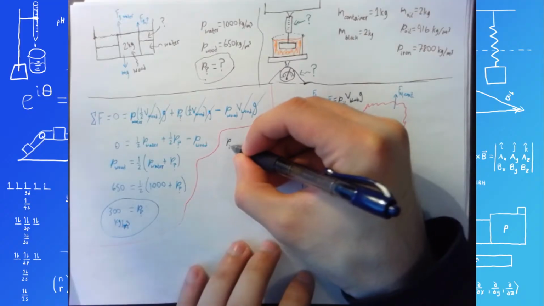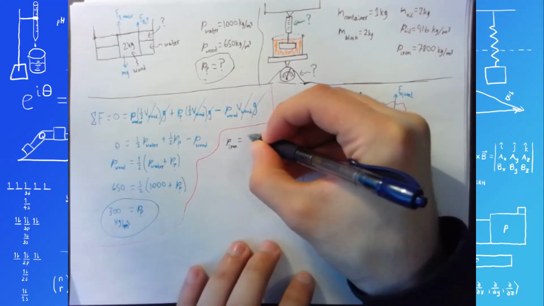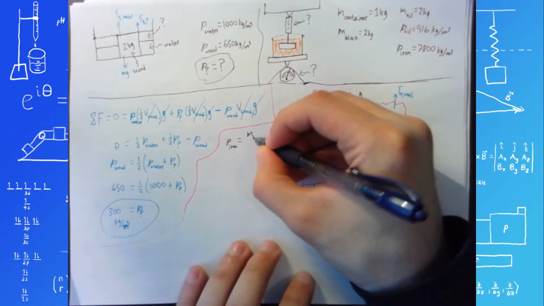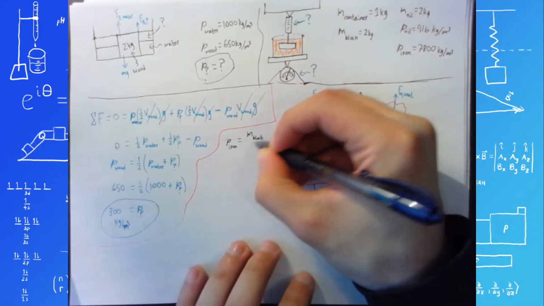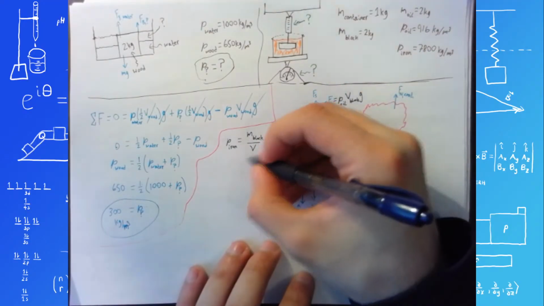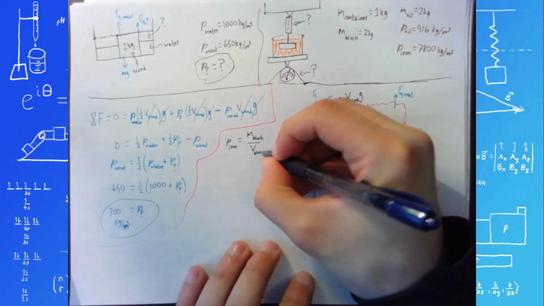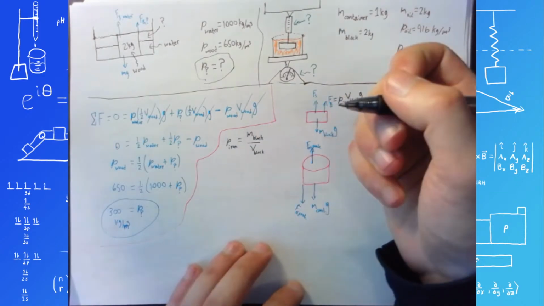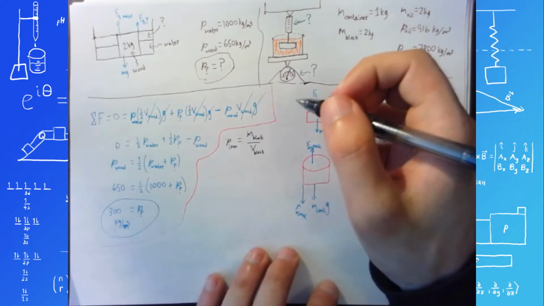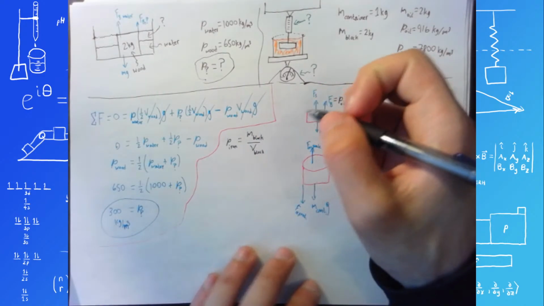Density of iron is equal to the mass of the iron block divided by the volume of that same block. So multiply volume over to the left, divide density over to the right. Volume equals mass over density.